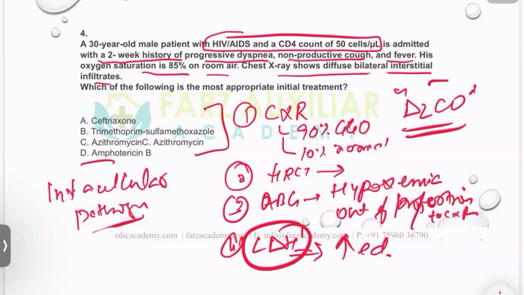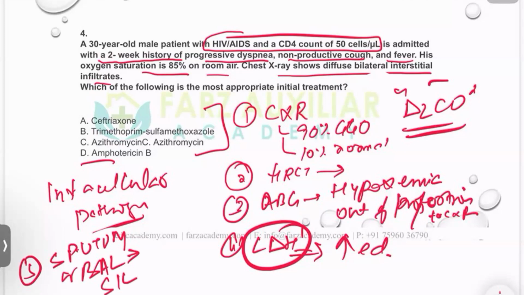So how will you identify? You will do sputum. So number 5, sputum or BAL. You will check for silver Giemsa staining. And yes, as one of you told, if you have it available with you, then you need to do a PCR. So my question is, PCR of what?